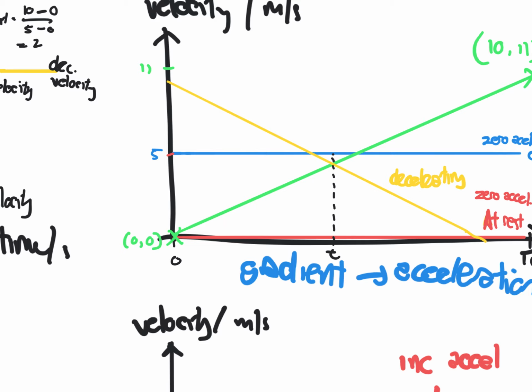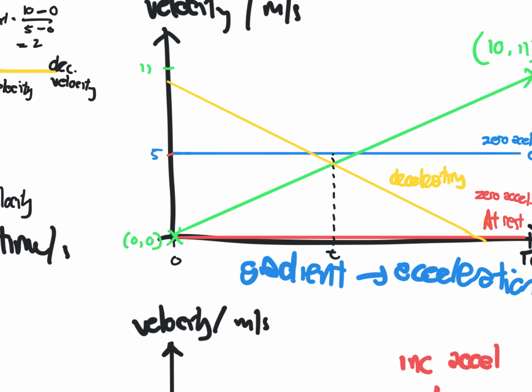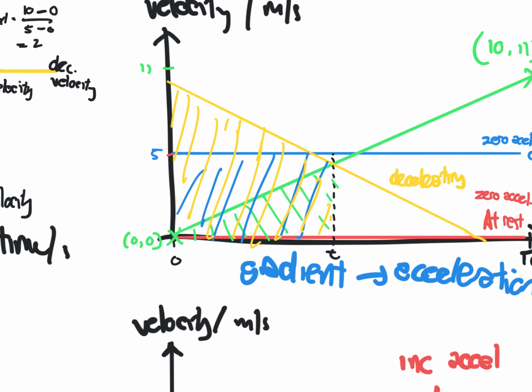It's at rest, clearly. See for the green, this is the area. Technically, I can use a triangle, right? I can find the area. What about blue? Blue would be this. And yellow would be this, right? So the movement depicted by the yellow graph, that one moved the most in time 0 to time t, right?